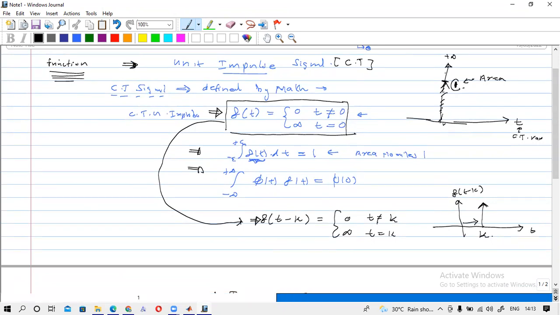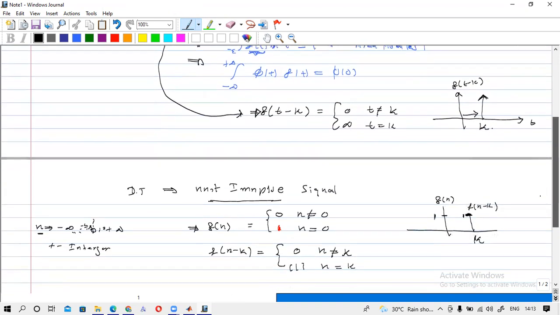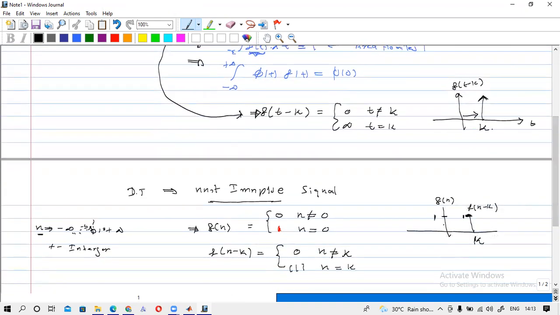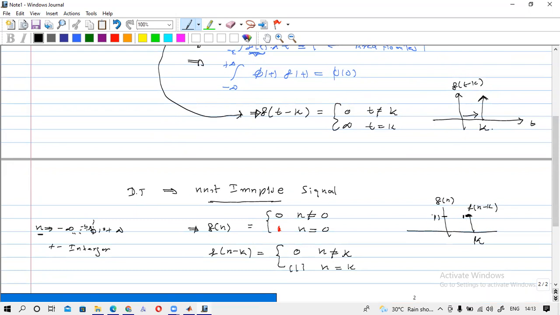Sorry, I made a mistake, this is the y-axis. So if you put 1 here in discrete time, that is actually this point, the value on the y-axis.